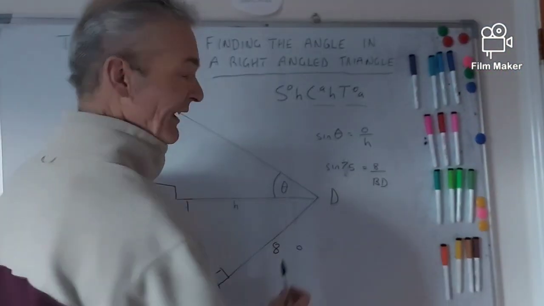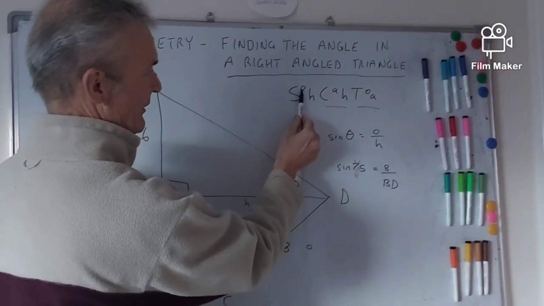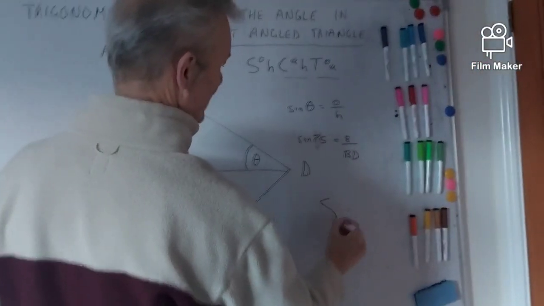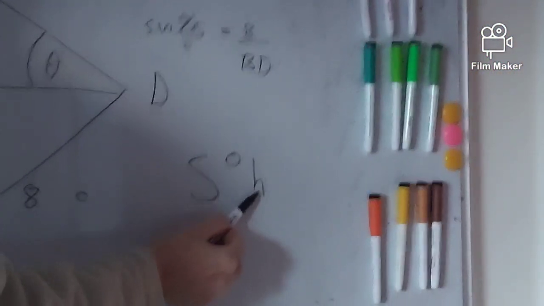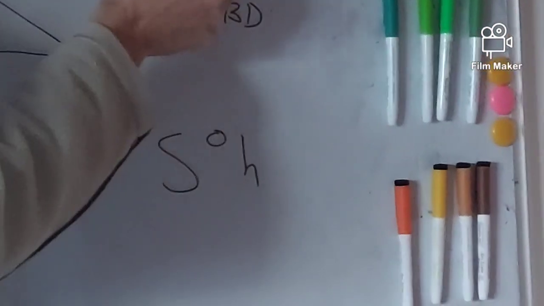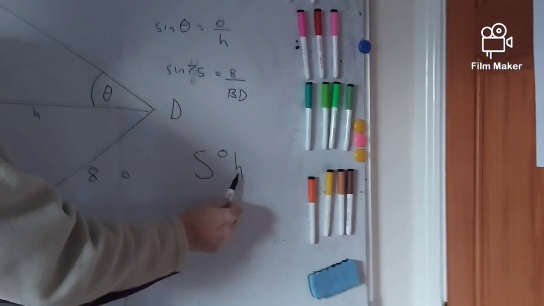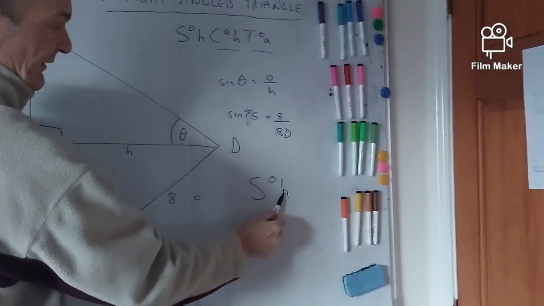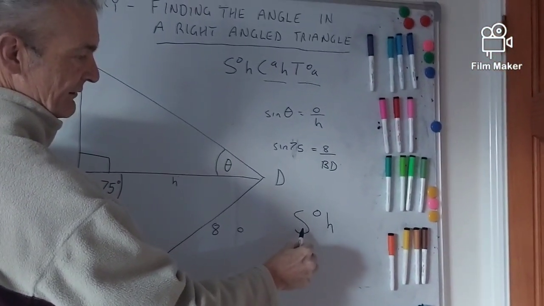Now, in order to help with that, notice the way I've written this, with the O at the top and the H below it. So it's telling you that the sine is the opposite over the hypotenuse, which is what we've got here. But if you want to rearrange it, if you want to find the hypotenuse, which is what we're looking for in this example, the hypotenuse is the opposite over the sine.